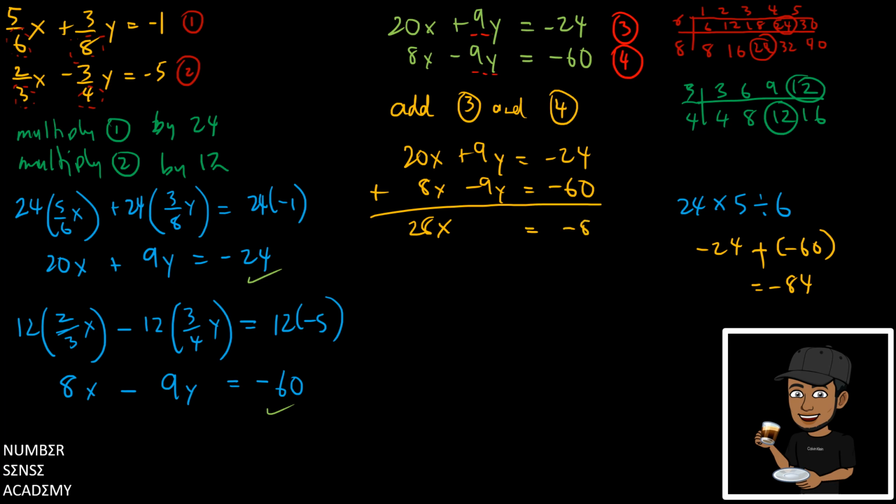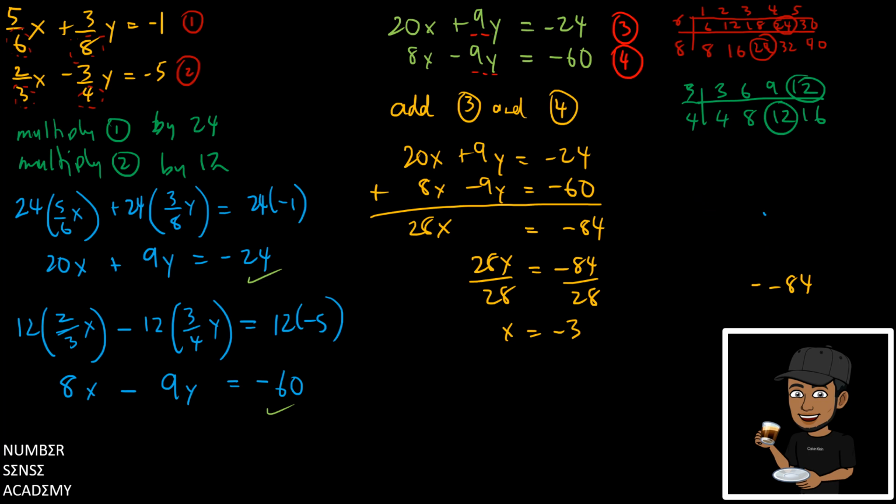So negative 84. Yep, and we're good. So 28x divided by 28 equals negative 84 divided by 28, and x is equal to negative 3. So we didn't make a mistake. Yes. Well, I'll make another mistake.